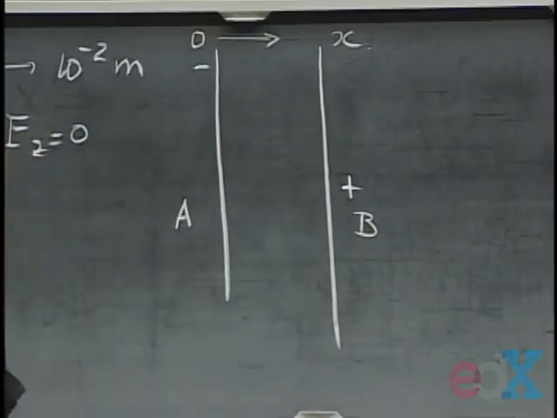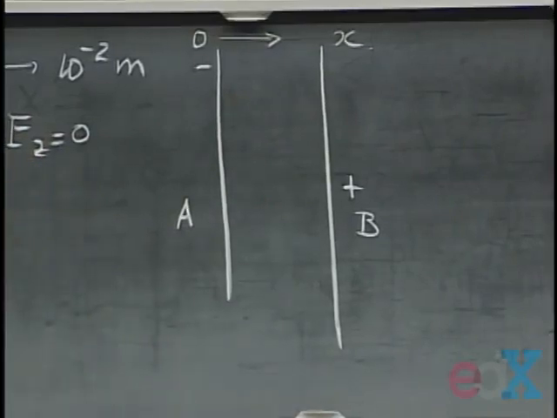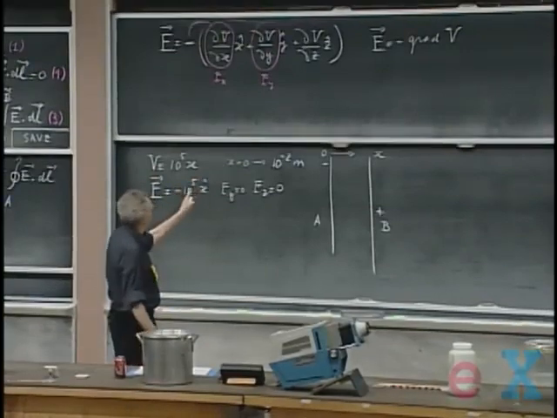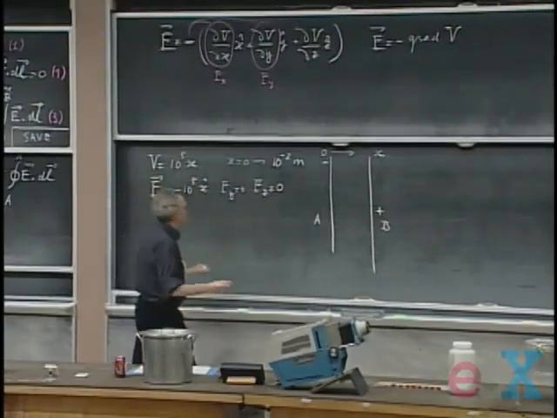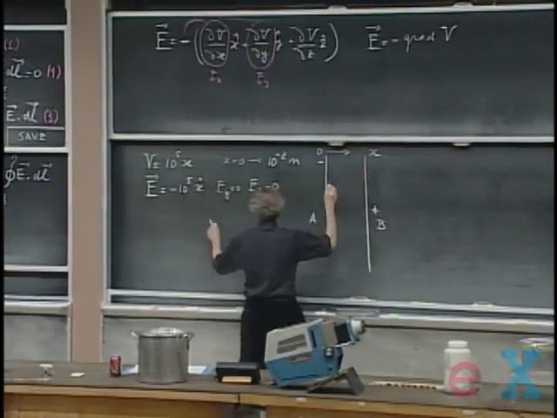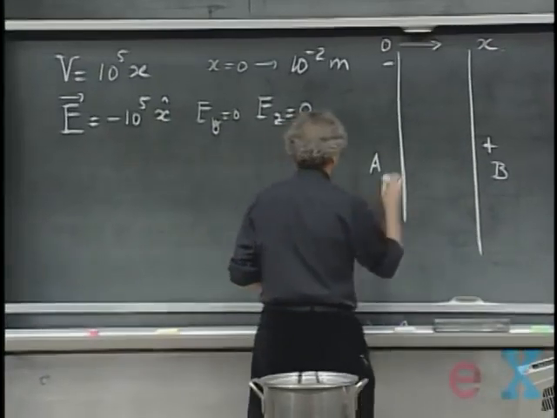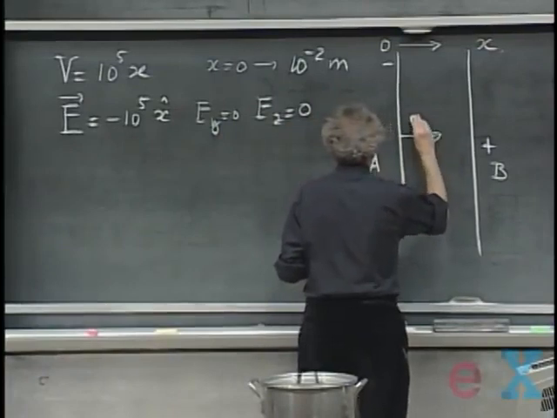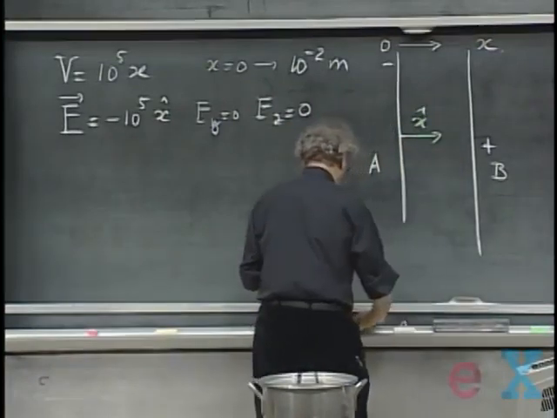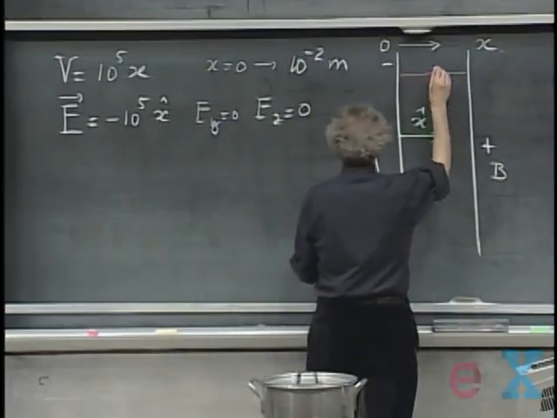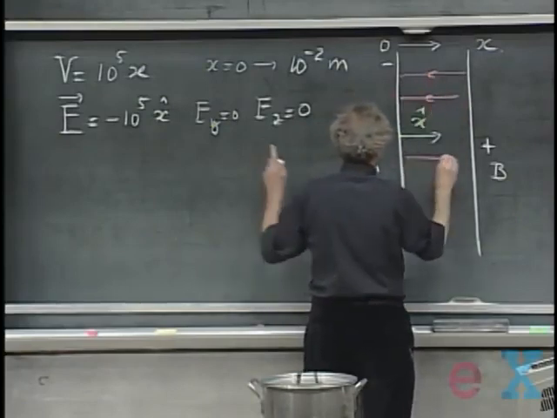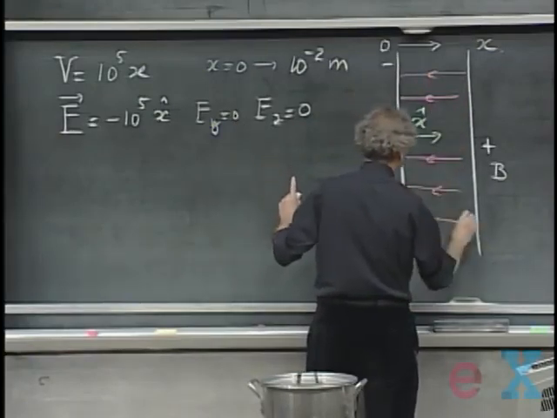So I can put the electric field inside here, according to the recipe, minus 10 to the fifth, and it is in the direction of minus x roof. So x roof is in this direction. The electric field is in the opposite direction. And it's the same everywhere. And that is very physical.